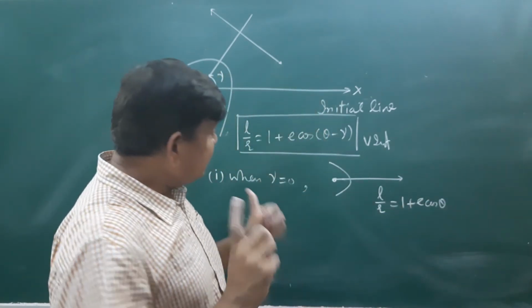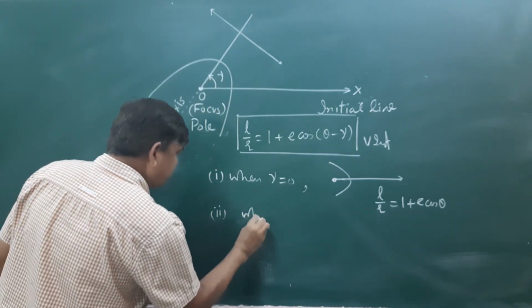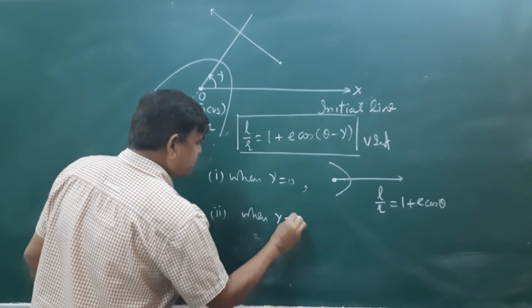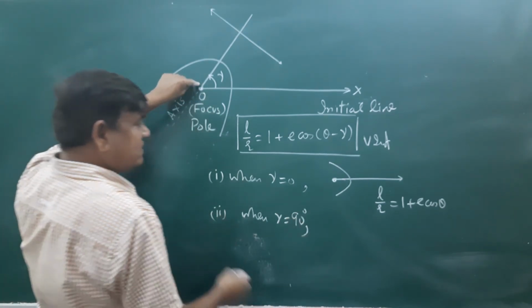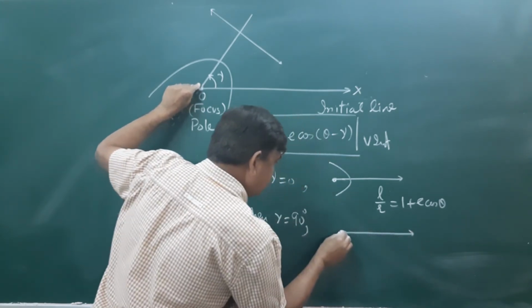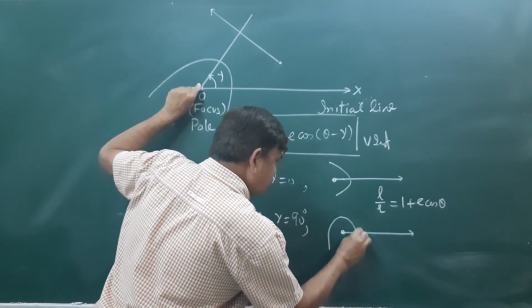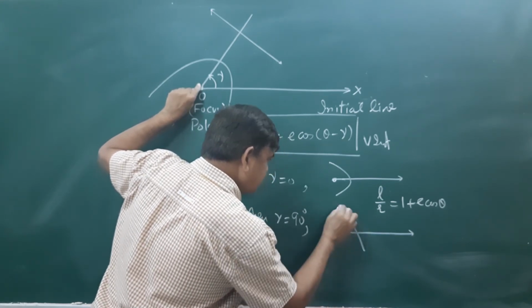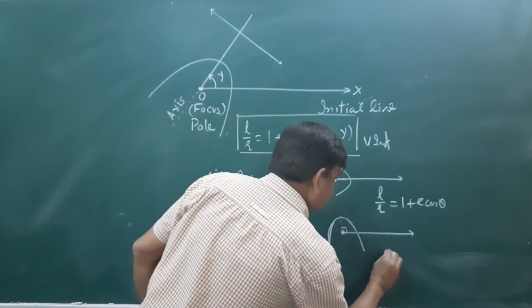Second, when gamma is 90, it will be like this. This we have done separately. What is the equation of this?